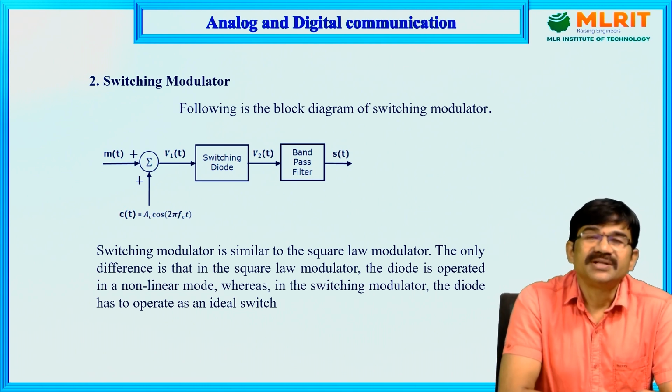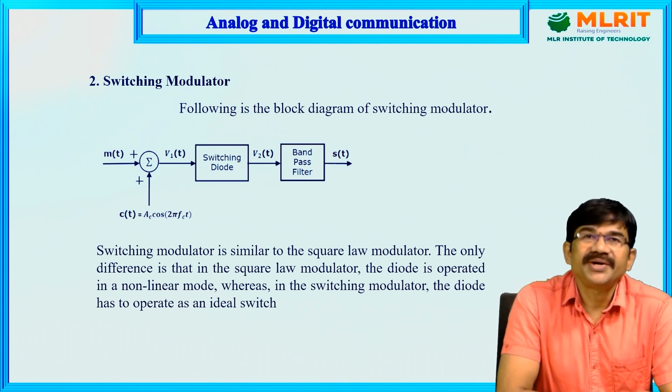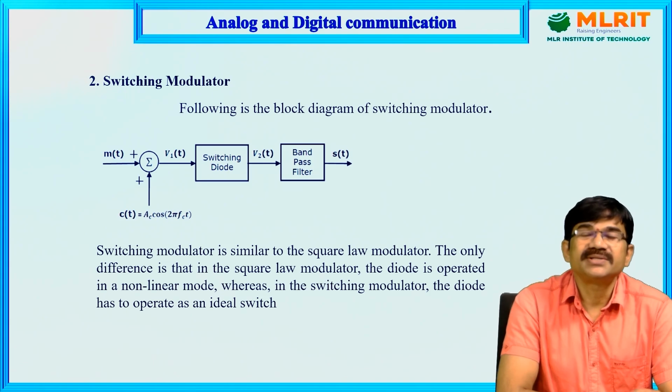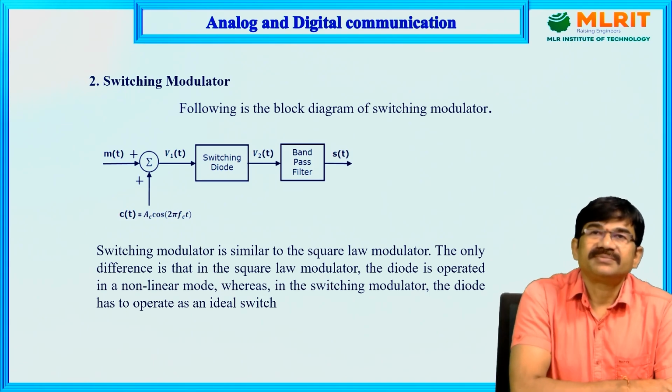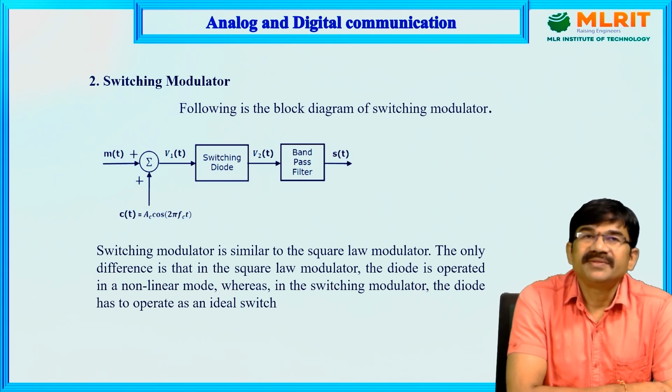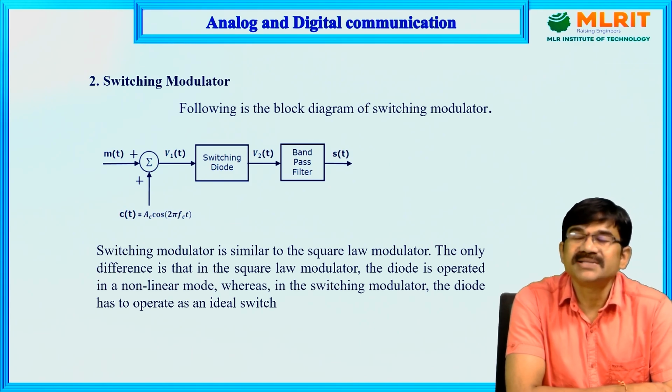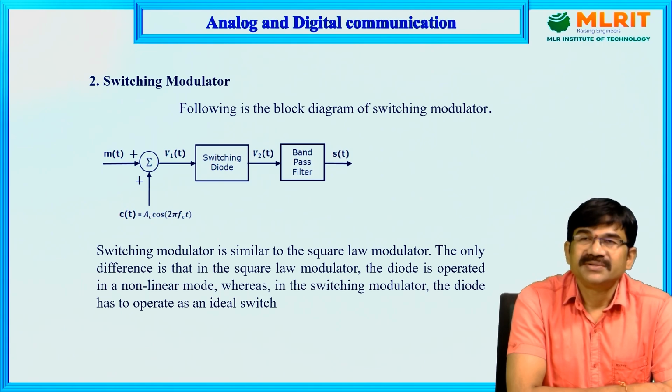See here, the difference between the square law modulator and the switching modulator is that the square law modulator diode operates in the non-linear mode, whereas in the switching modulator the diode has to operate as an ideal switch.